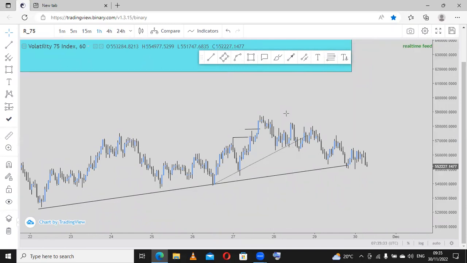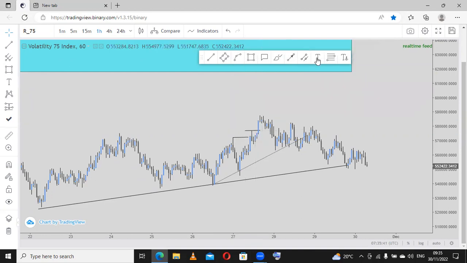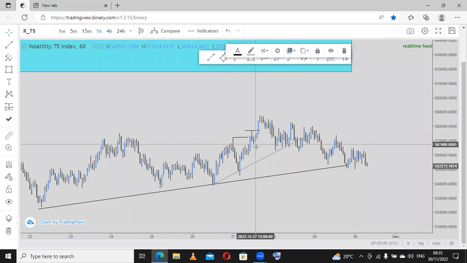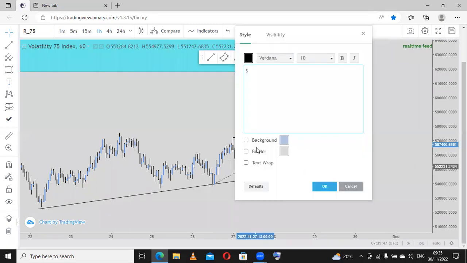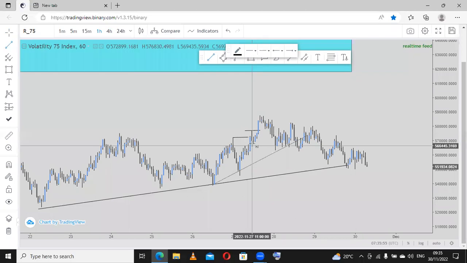Now, since price broke this structure, it means this is now our higher low, this one. This low here becomes our higher low.